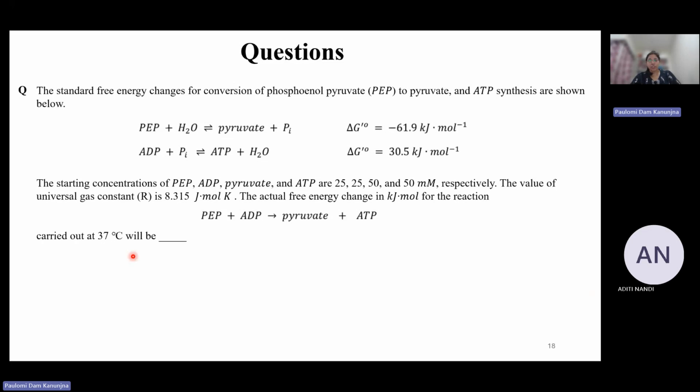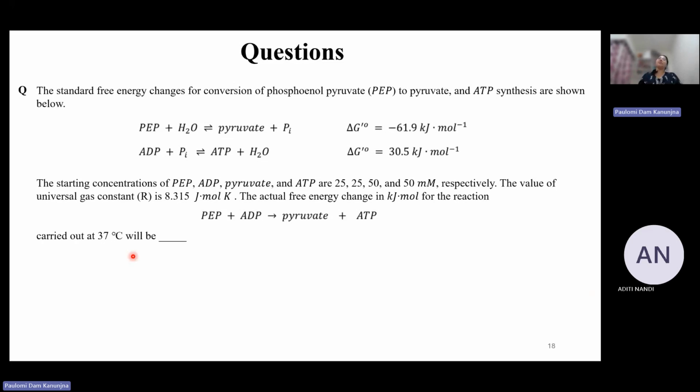ATP synthesis, as we have just looked into, is with the delta G 30.5. The starting concentrations of PEP, ADP, pyruvate, ATP, basically all the reactants and products, are given to you. And the value of R is given to you. You are to calculate the actual free energy change in kilojoule per mole for this reaction.